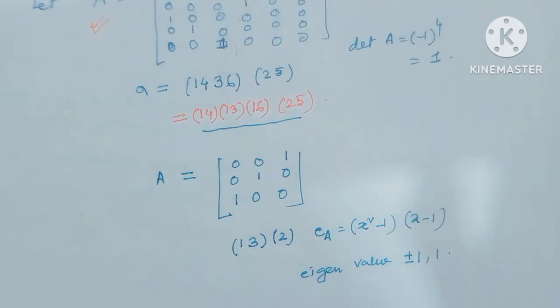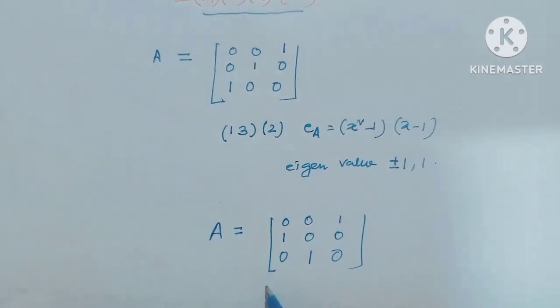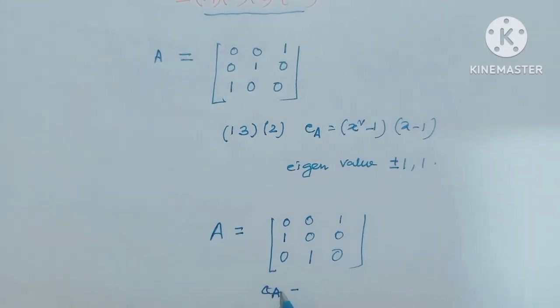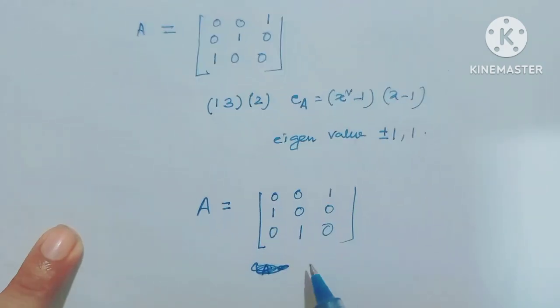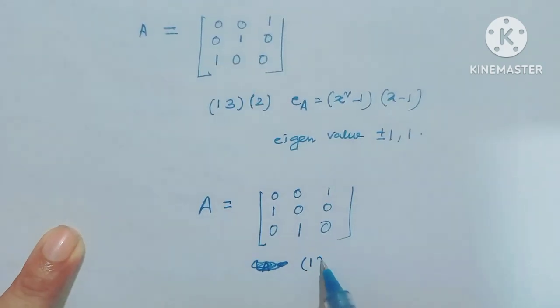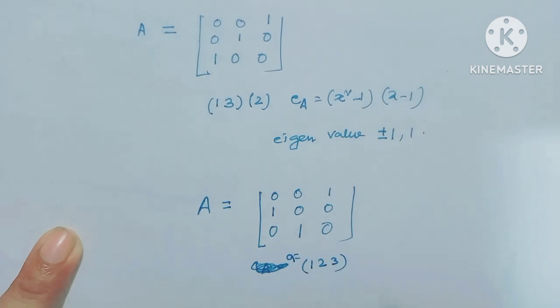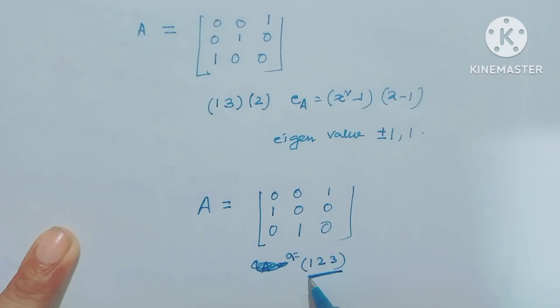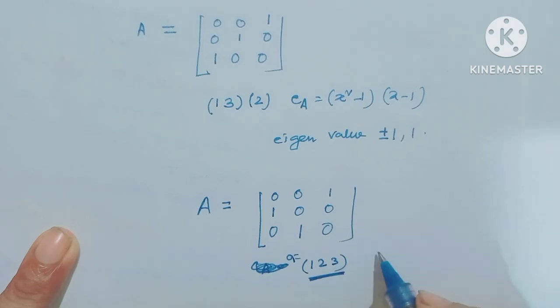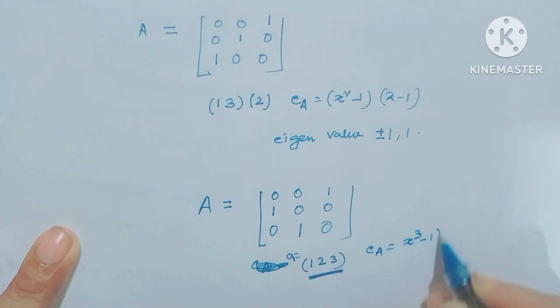Next example, consider this matrix 0 1 0, 0 0 1, 1 0 0. Here the characteristic polynomial is, at first notice this permutation matrix, 1 goes to 2, 2 goes to 3. This is the sigma. And here there is only one cycle, so the characteristic polynomial is x cubed minus 1.